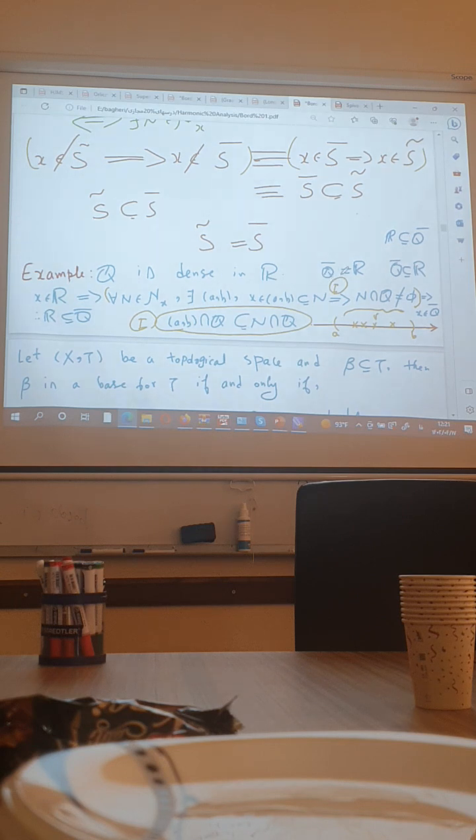The closure of Q. Where did we stop? Q is the irrational number. Okay, what is Q? Irrational number.